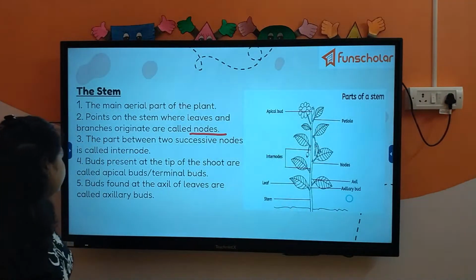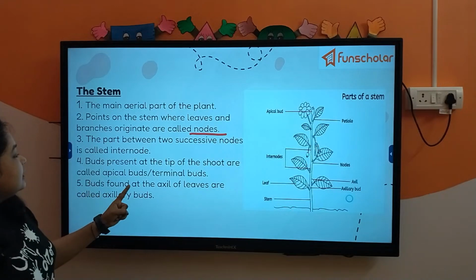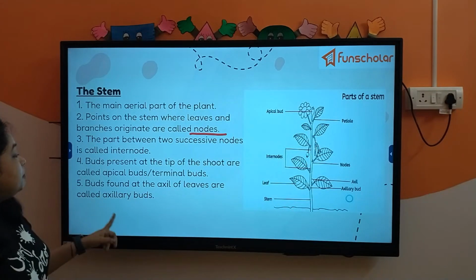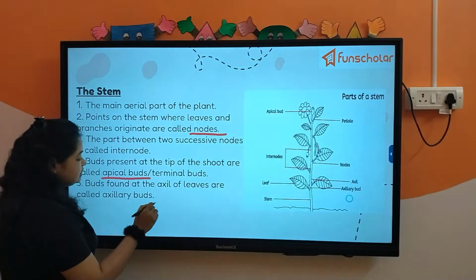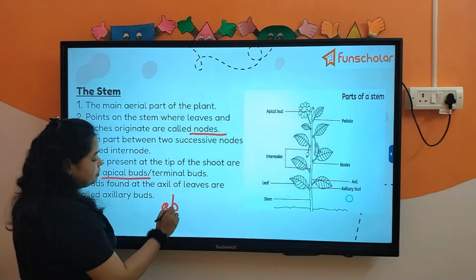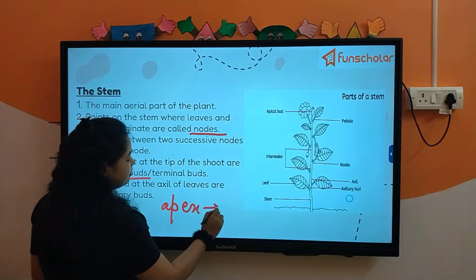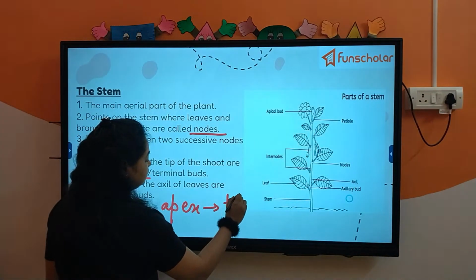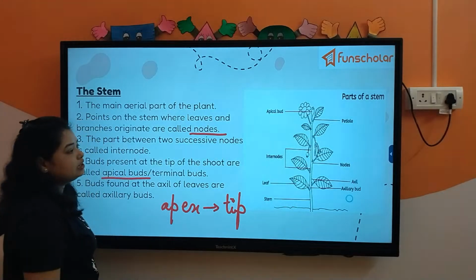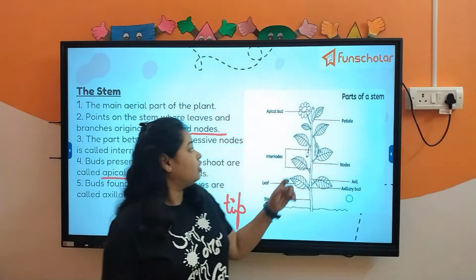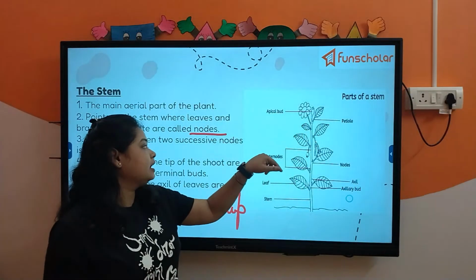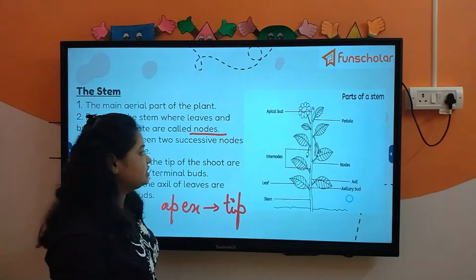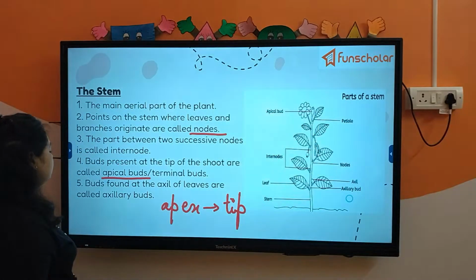Okay. Then the buds present at the tip of the shoot are called apical or terminal buds. Apical means it has come from the word apex, right? And apex means tip. So therefore, the bud which is present on the top, which is the ultimate bud on the shoot system, is known as the apical bud.